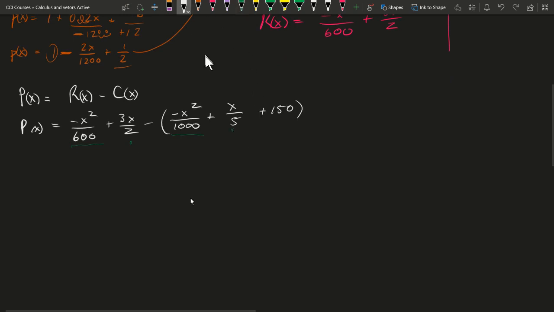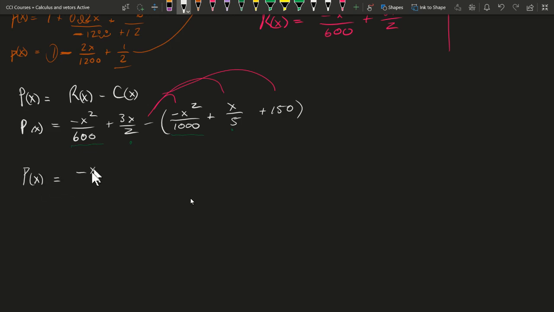Okay. So notice that I've got some like terms. I've got to get some common denominators here. Well, first of all, before I go too far here, I would like to distribute my negative sign, just to make sure that I'm not causing any trouble later on down the road.